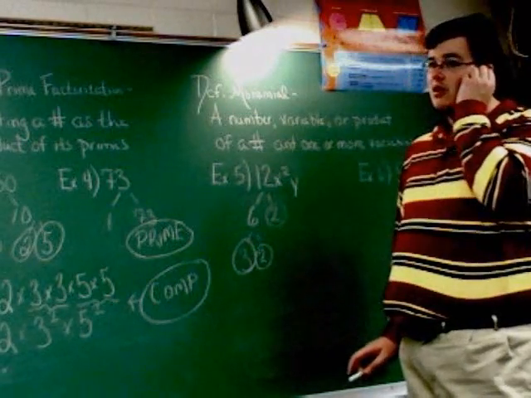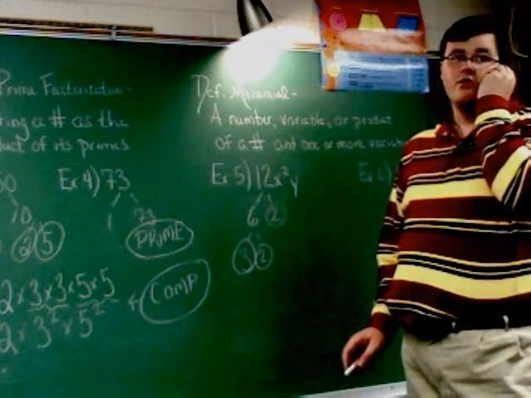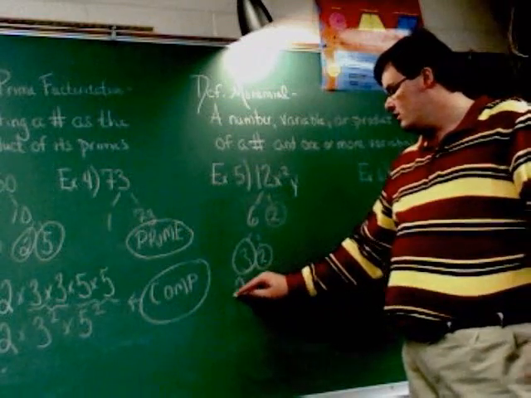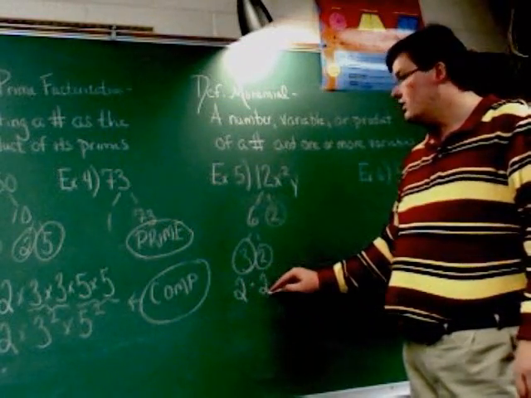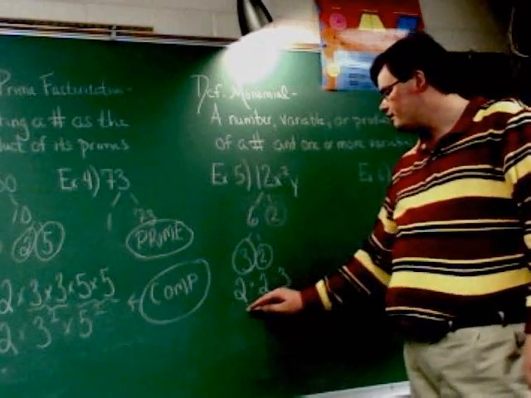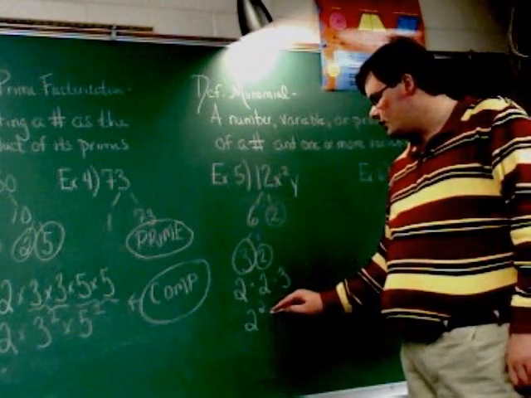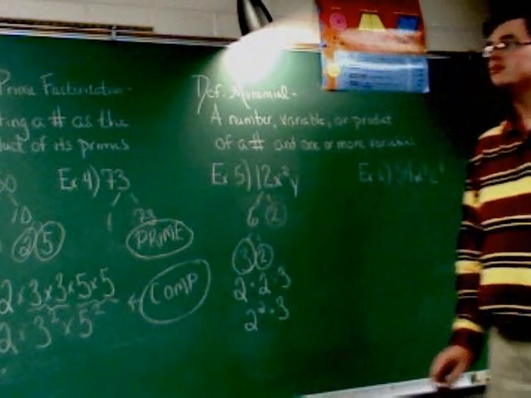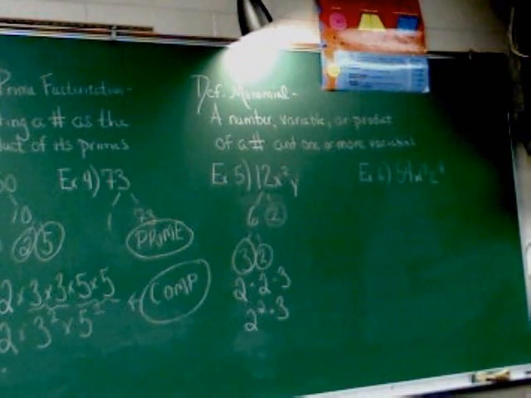So I write that part of the factorization out. With or without powers, doesn't matter to me. So it would be 2 times 2 times 3, or 2 squared times 3. Then you got to break down the x squared and y.